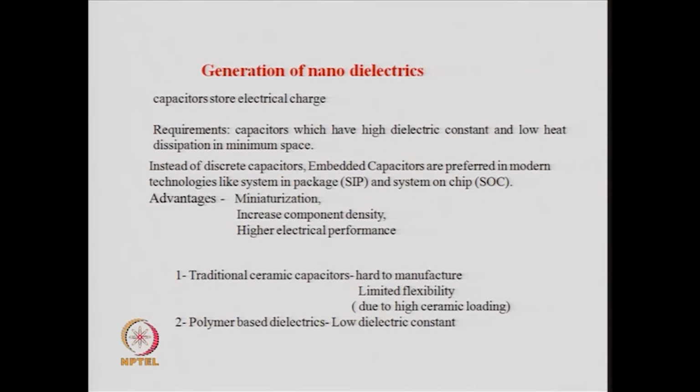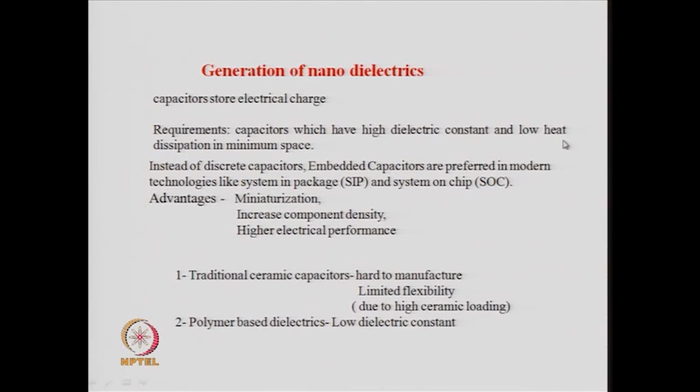So, if it has to store electrical charges, you need materials with high dielectric constant and which should not lose energy, that is, it should not dissipate energy, and dissipation of energy is heat, and so it should have low heat dissipation, and also this material should be able to be packed in minimum space.